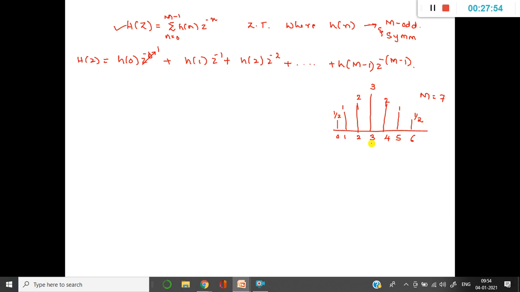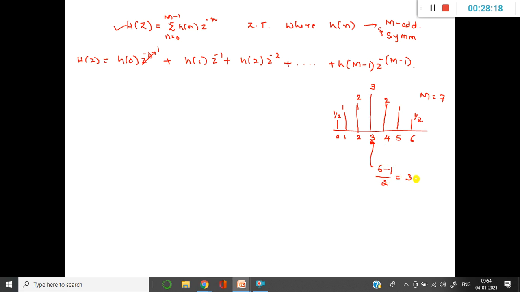Now this is the center frequency. This condition can be written as the last sample, this is 6, minus 1 divided by 2. If I perform this, then I am going to get the middle one.